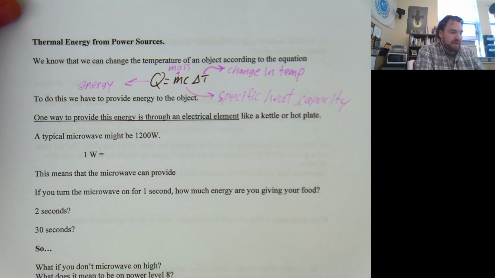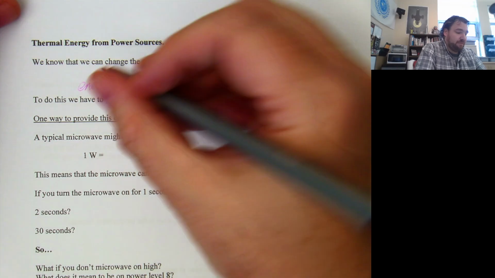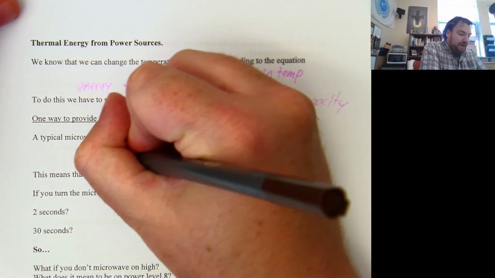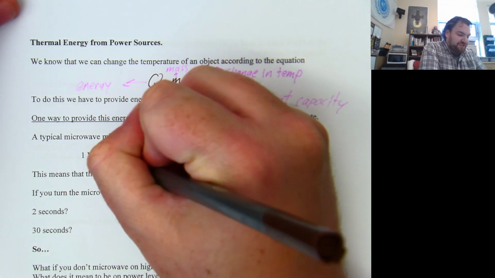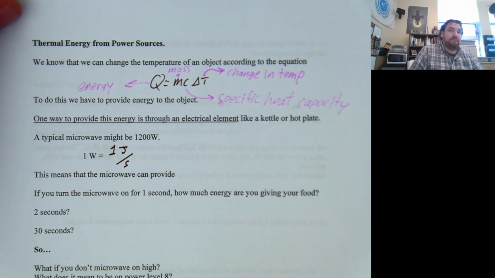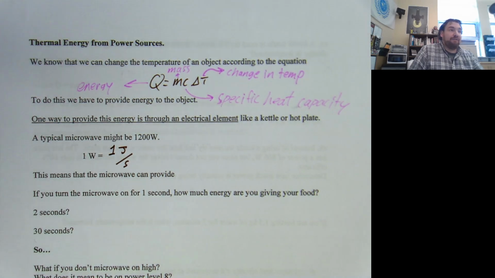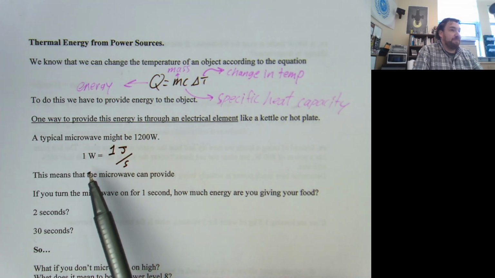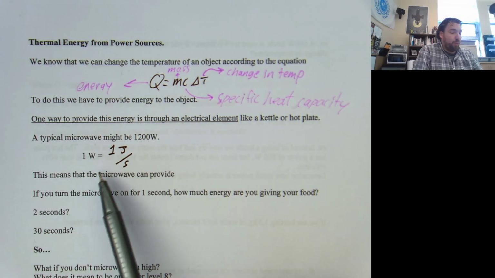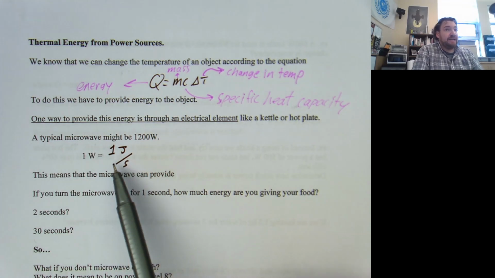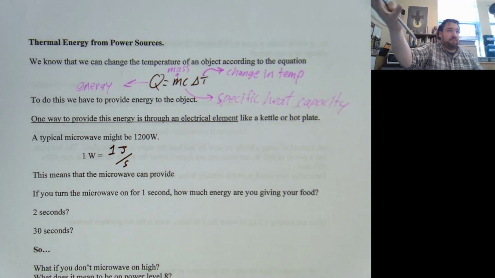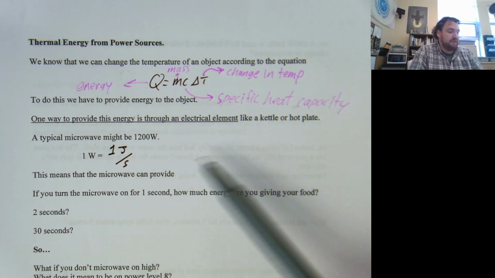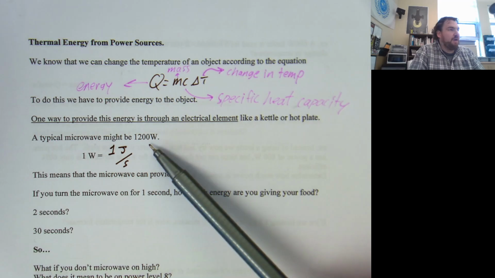Recall that 1 watt, the unit we have for power, is equivalent to 1 joule per second. So every second a 1 watt power supply is running, 1 joule per second is being transferred to another object. A typical microwave might be 1200 watts.